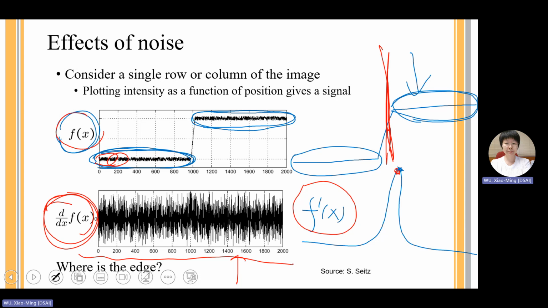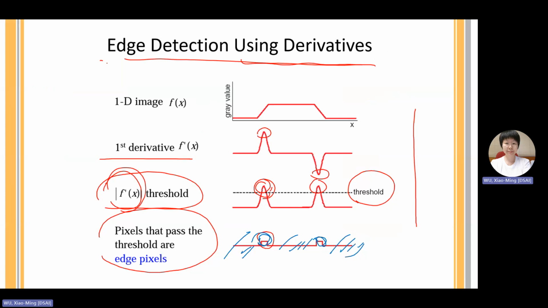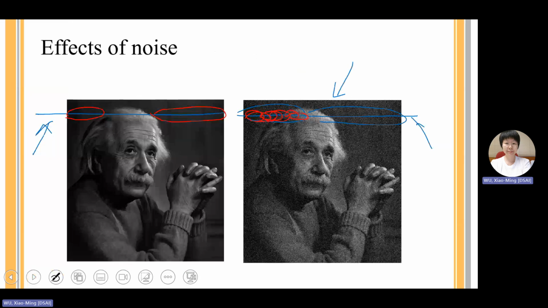So our previous simple edge detection algorithm using derivatives won't work in the presence of noise. Then what do we do?